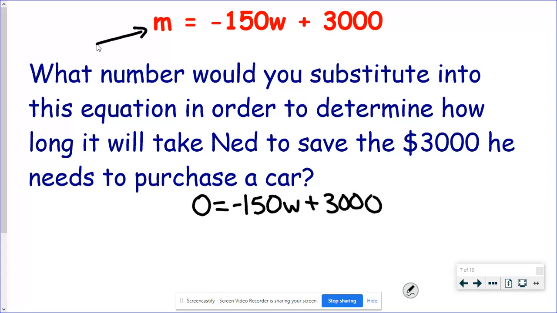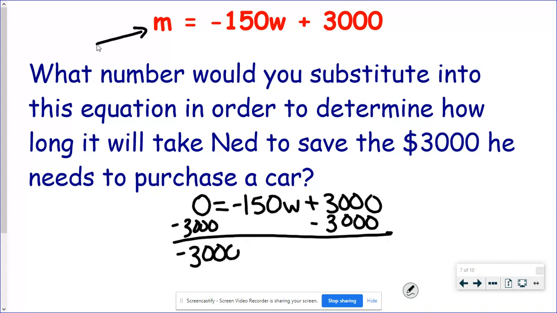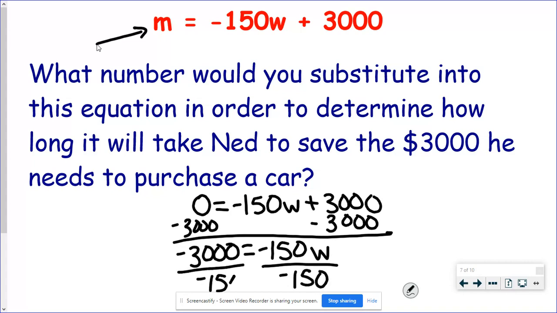This one doesn't specifically say to solve this, but I'm going to. By the way, I would totally expect you to look at this problem and probably not even write the equation. But if we have this equation, I want you to see how we can use this. So we're going to subtract the 3,000. So I'm going to have negative 3,000 equals negative 150 W. When I divide by a negative 150, that'll give me a positive answer, right?